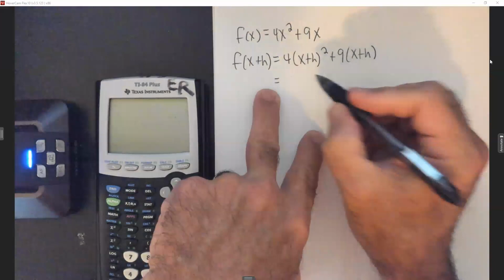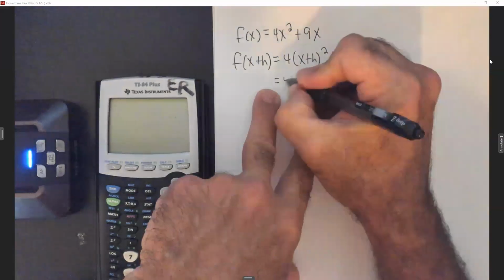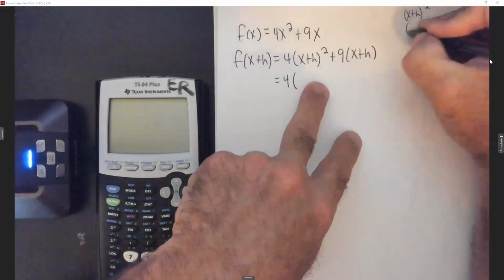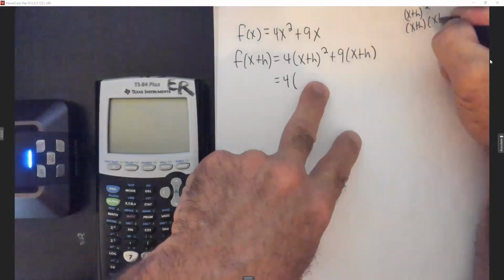Now, I would bring down the 4. x plus h squared would be x plus h times x plus h.